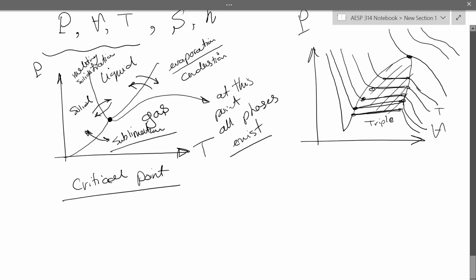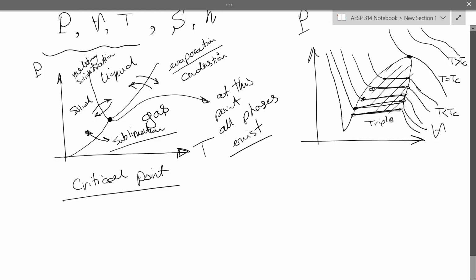So temperature is smaller than critical temperature, temperature equals critical temperature, and temperature is larger than critical temperature. These two types of graphs and the relationship between pressure and temperature is how we evaluate any material.